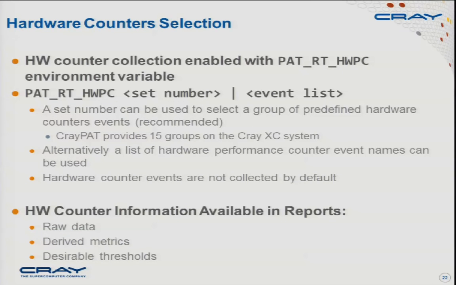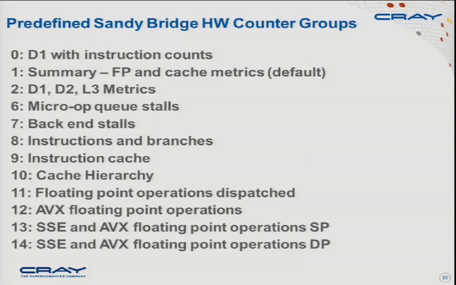Using this environment variable, you can specify which set you are interested in. You will collect all these events in groups, and then you will dump all the information for this group. Depending on how many counters you have, it will do multiplexing for you, but at the end, it will dump this information. So there are different groups. This is a list of groups, okay?